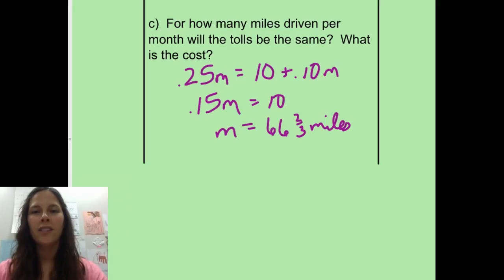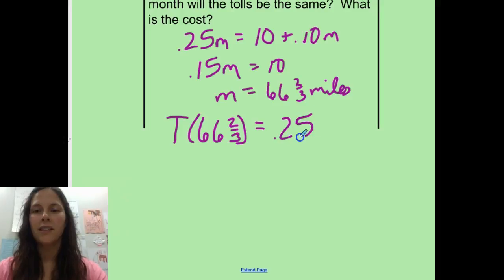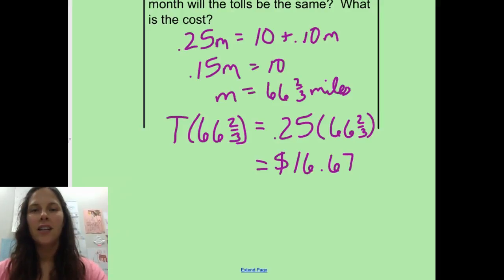Our first function is a little bit simpler, so I'm going to substitute my 66 2/3 miles into that one, multiplying that 66 2/3 by the 25 cents per mile would give us a total of $16.67 to use the toll road, whether or not we have the discount pass if we drive those 66 2/3 miles.